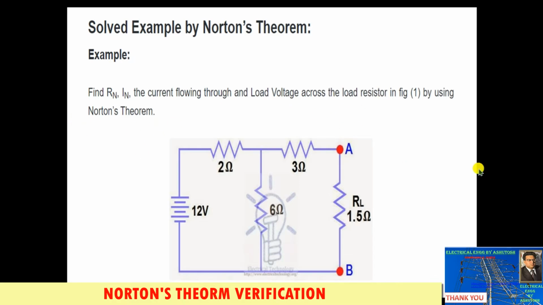In this circuit there is a 12 volt voltage source, a battery, a 2 ohm resistance, then a 3 ohm resistance, then a 6 ohm resistance, and finally two terminals A and B, across which the load resistance RL is connected. 1.5 ohm is the load resistance.